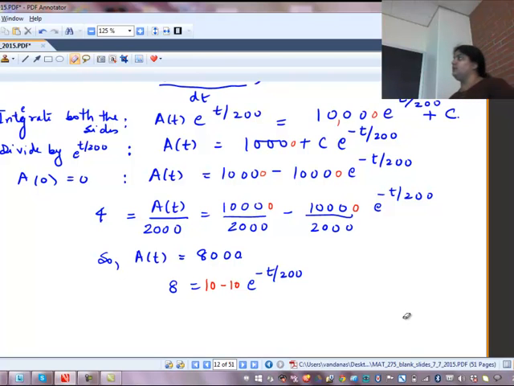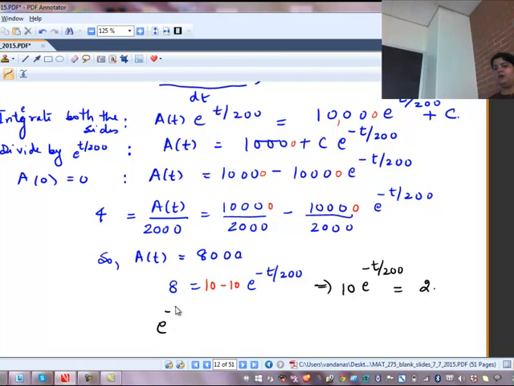I wondered where we missed something in the calculation, and what we missed is that we didn't carry that 0. So coming back up here, 8 equals 10 minus 10 times this, so 10 e to the power minus t over 200 equals 2, because 8 minus 10 is negative 2, and the negatives cancel.